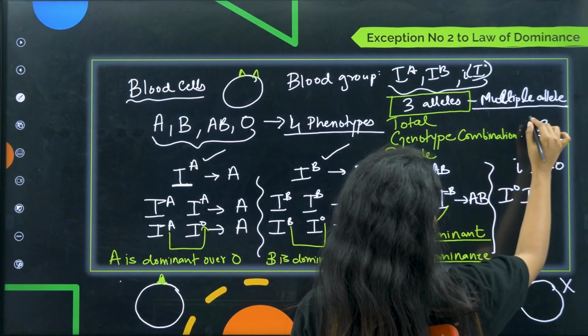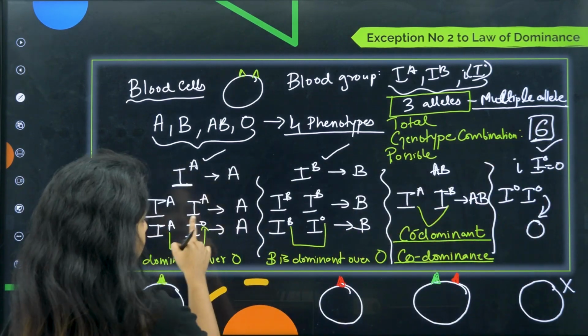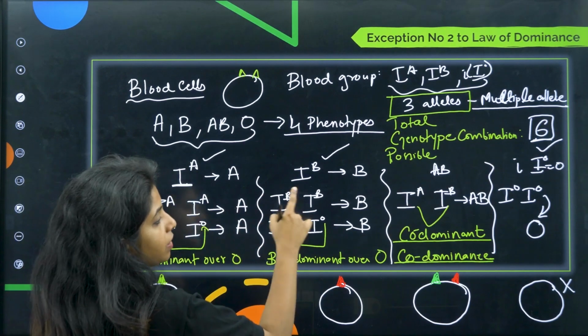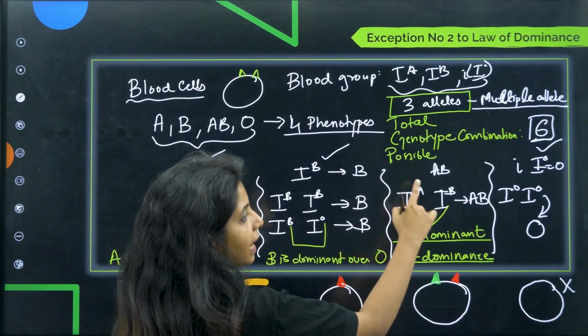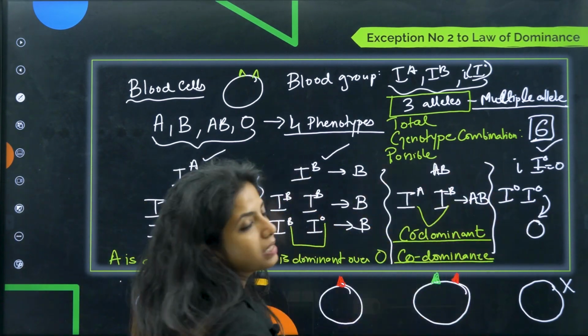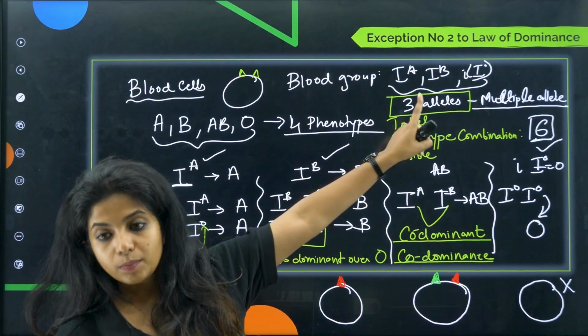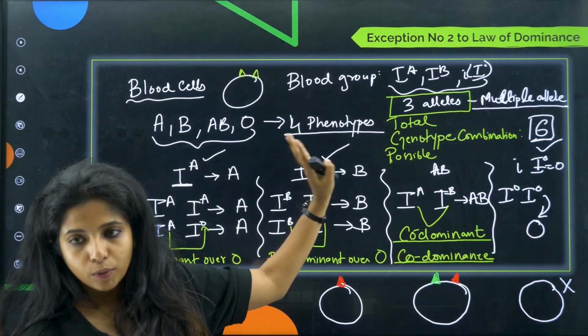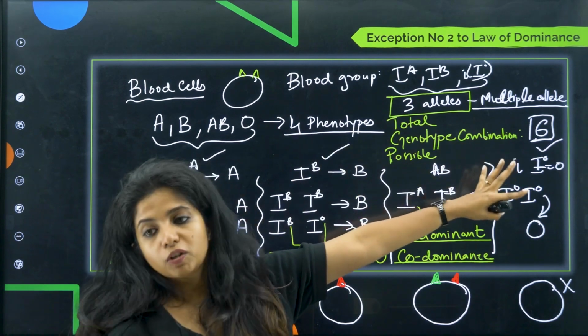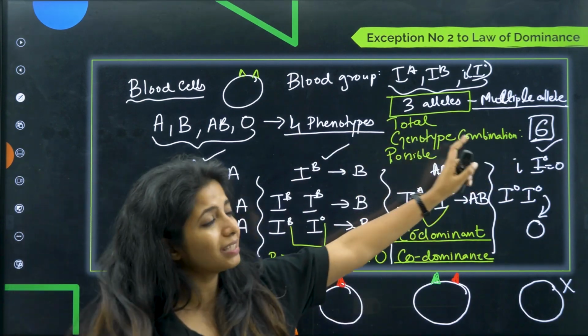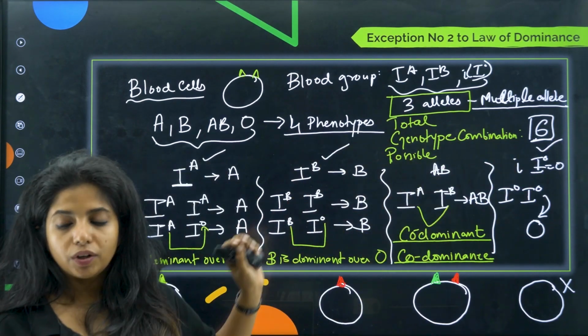You can have 6 genotypes: IA IA, IA IO, IB IB, IB IO, IA IB, IO IO. Please write it somewhere. 3 alleles, multiple alleles, 4 phenotypes possible, and 6 genotypes possible, and that is written over here.